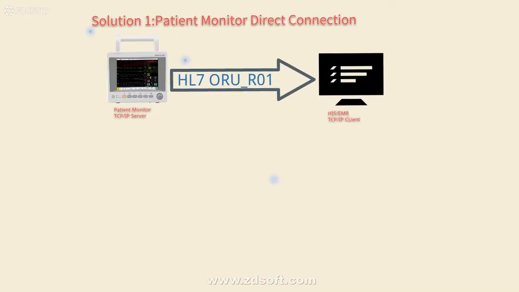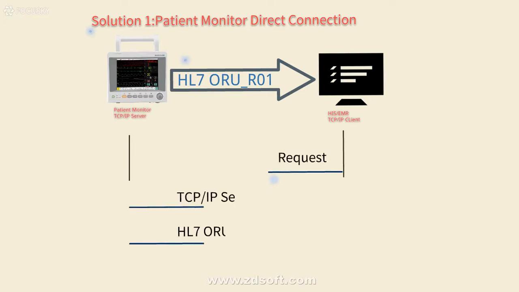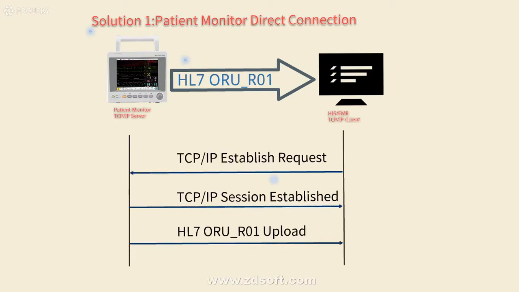Eden's patient monitors have the ability to connect directly to your HIS EMR software using the TCP/IP server client option. Using the TCP/IP client option, the patient monitor will work as a server and your HIS EMR software will work as the client.